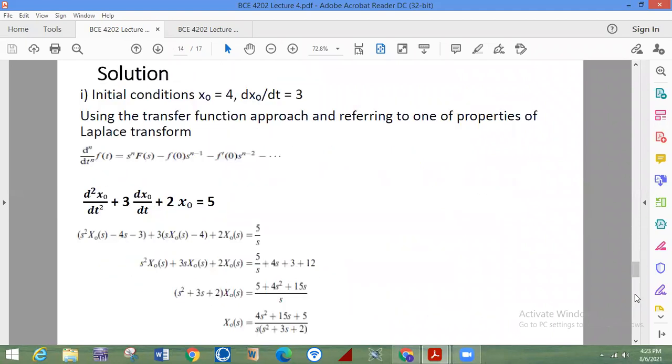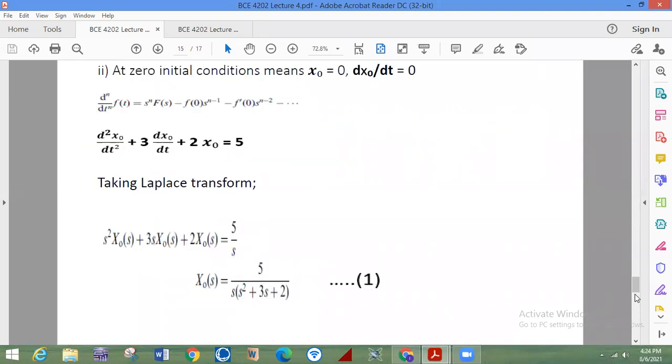Yes, we see we have the x naught s at the end, which is that of 4s squared plus 15, like that. So when you go to the next slide, maybe I didn't get you clearly. Go to the next slide. Oh, okay. I have seen where it is. All right. Are there any other questions?